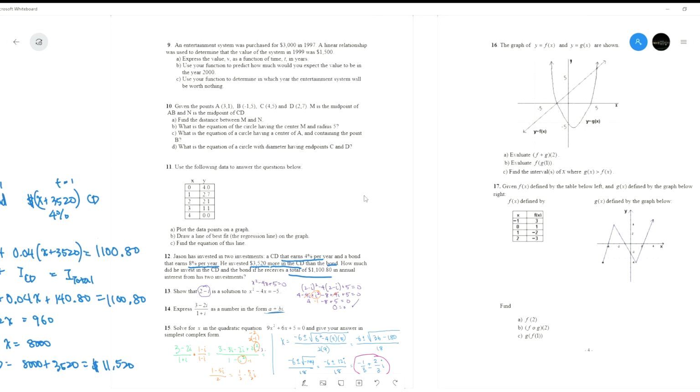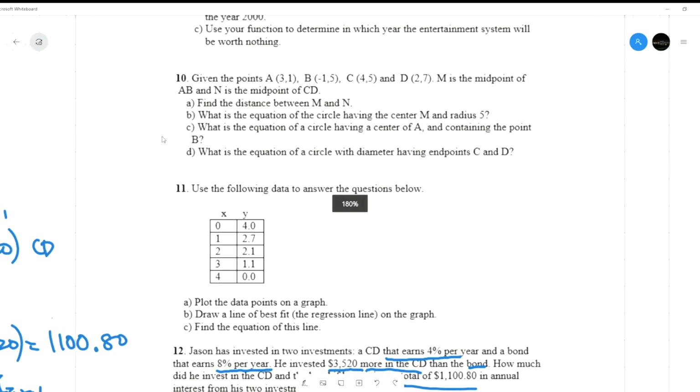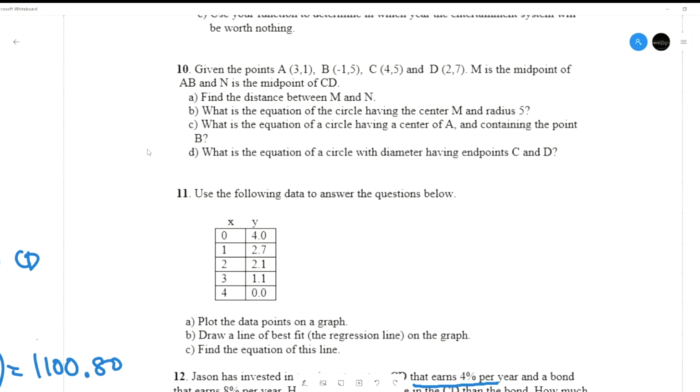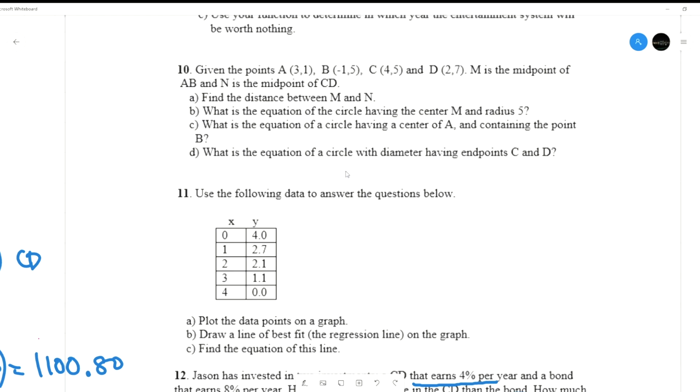Let's see here. Is everyone good with the circle problem here? Equation of the circle, number 10. One of these questions is usually on the final, and 9 times out of 10, it's the one with the completing the square in it, which I don't see here.